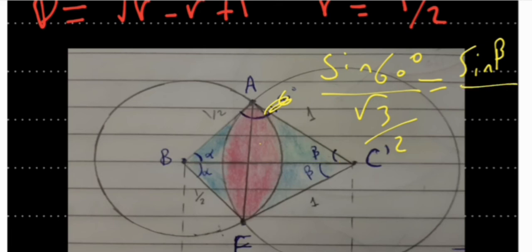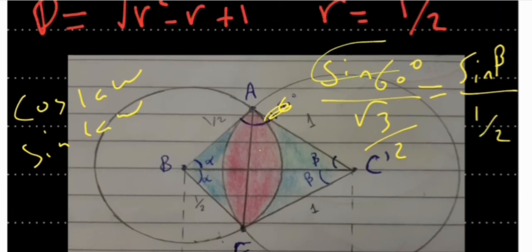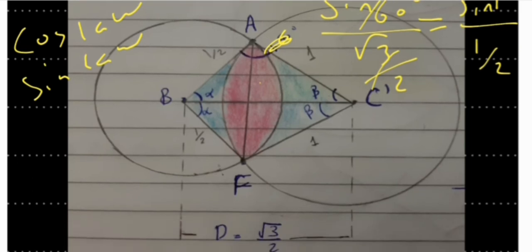So this is called the sine law, right? We already used the cosine law and now we are using the sine law. So sine of beta divided by a half. Now sine of 60 degrees is equal to square root of 3 divided by 2, so this is actually 1. So we are going to have that sine of beta is equal to 1/2.